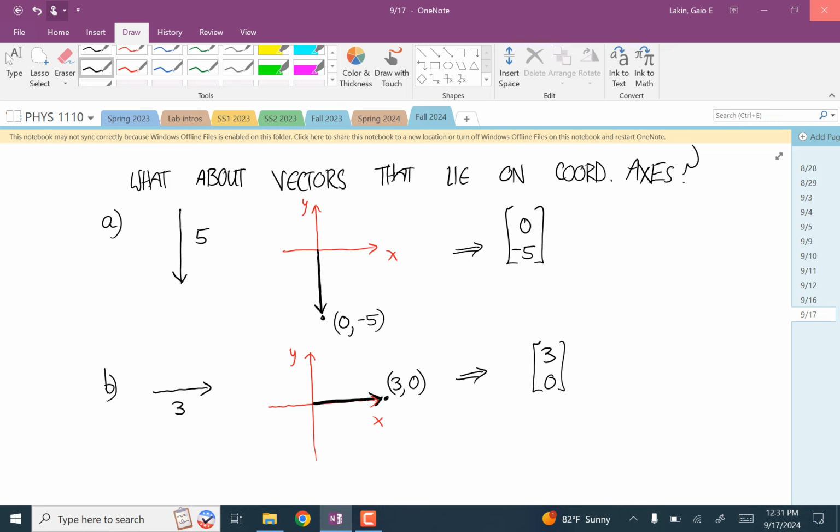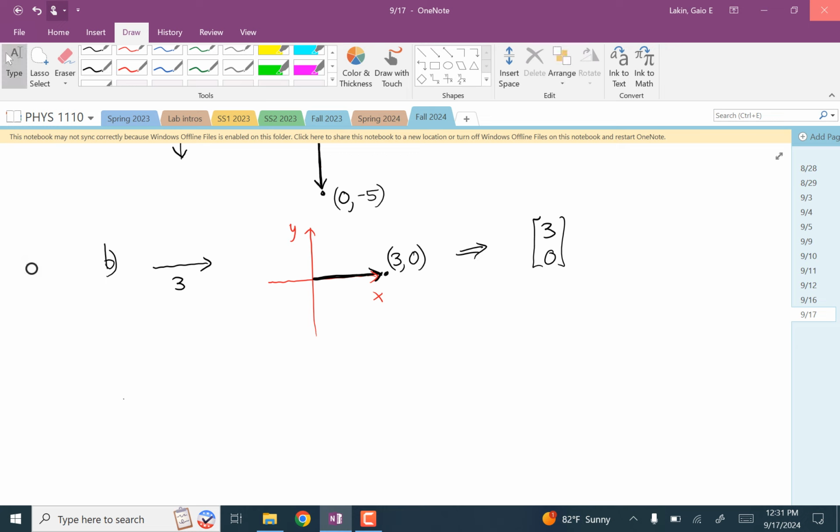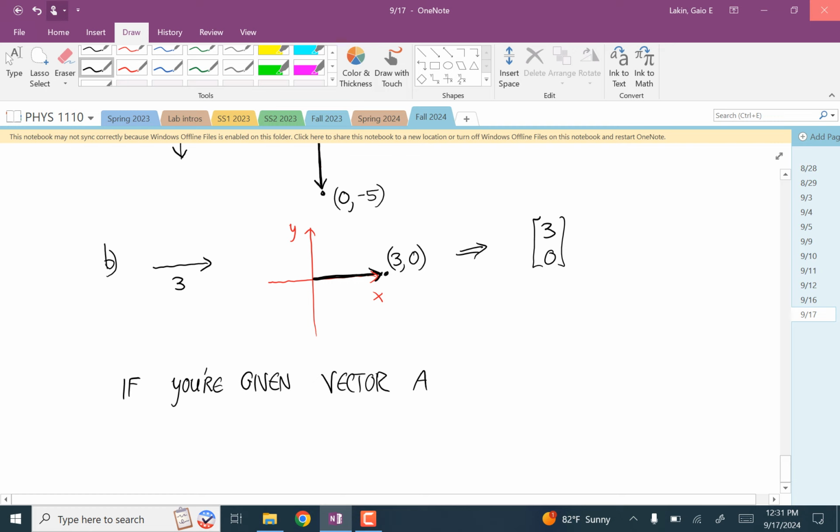Pretty often, if you're given a vector as a length and an angle from some reference line, you're going to see this all the time.